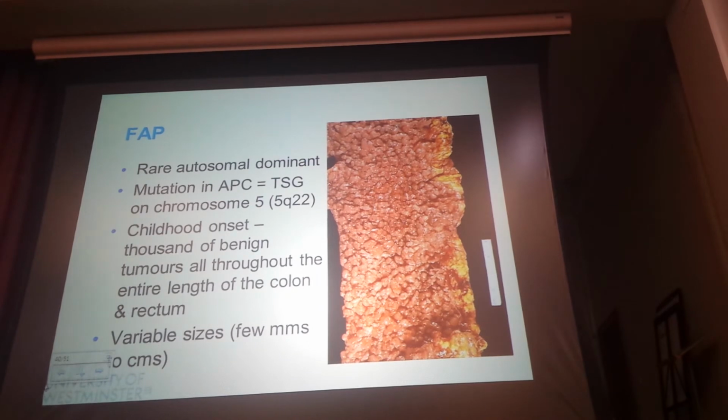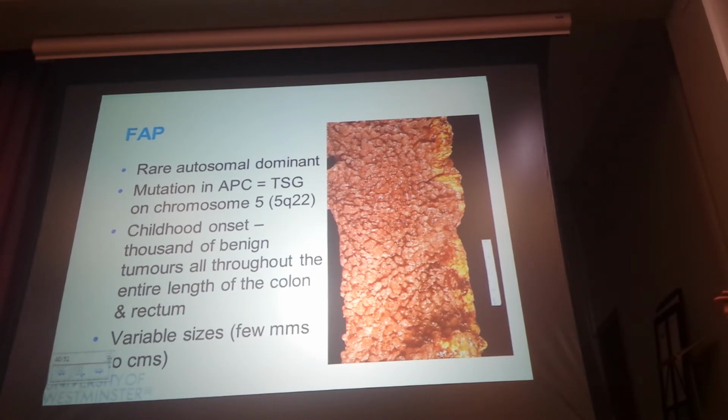So that's a nasty picture of FAP. It's a rare autosomal dominant trait. And the mutation is in a gene called APC. It's a tumor suppressor gene, on chromosome 5, at 5q22. And as you can see in the pictures, you already have thousands of polyps. At this stage, these polyps are not malignant, they are benign.